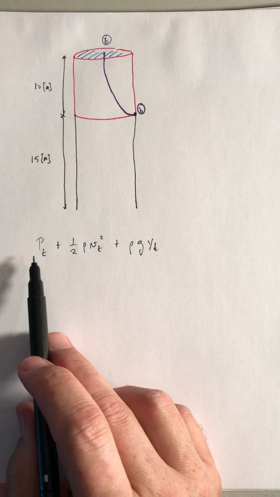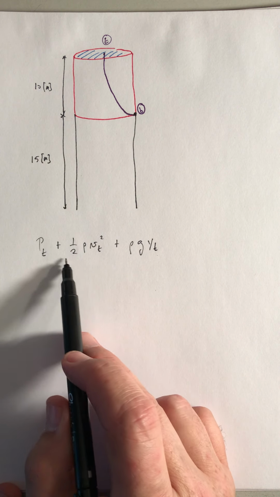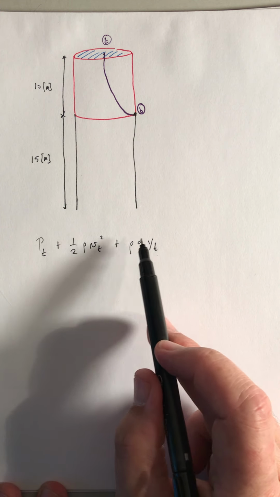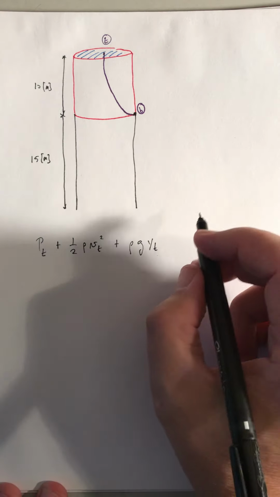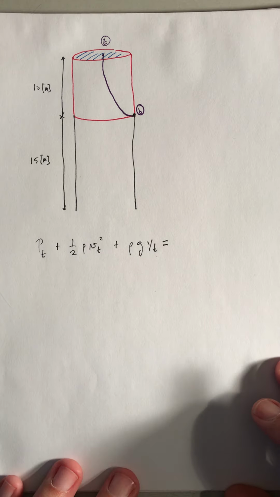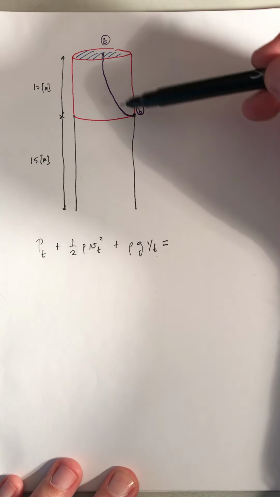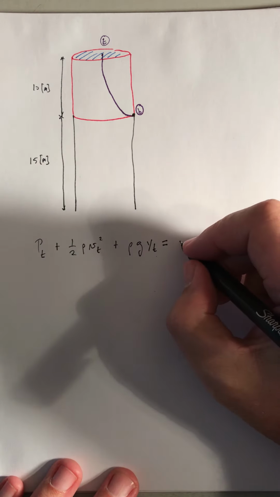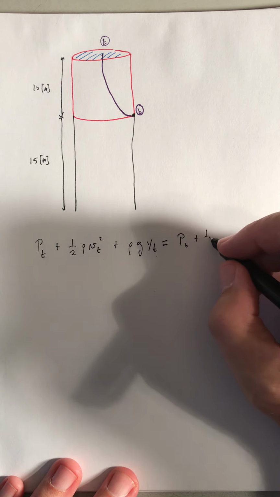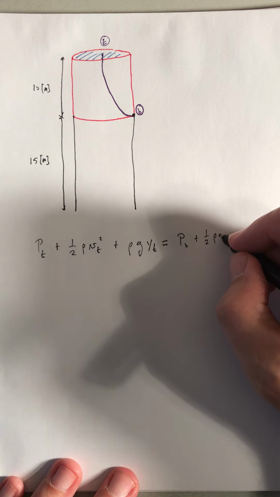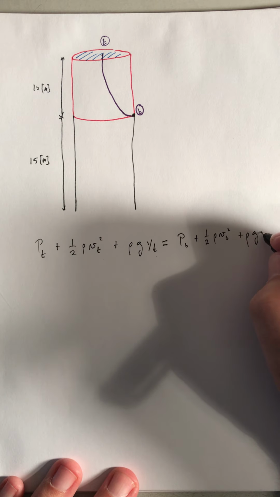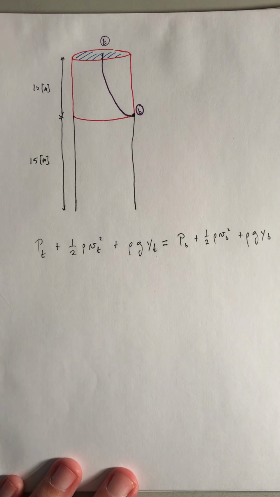So we have pressure contribution, kinetic energy density, half rho v squared, and a gravitational potential energy density, rho g y, for the height. So that can't change along the streamline. So that has to equal pressure at the bottom plus a half rho v at the bottom squared plus rho g and the height at the bottom.